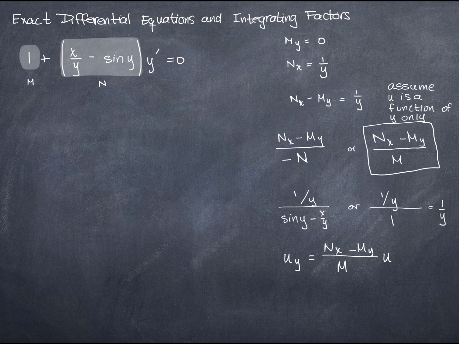Remember from our first slide, our theory slide, the way u sub y came out in that formula was this way, and it's really easy to forget to write this u here. Now that I know what n sub x minus m sub y over m is, I can write this as u sub y equals 1 over y times u.